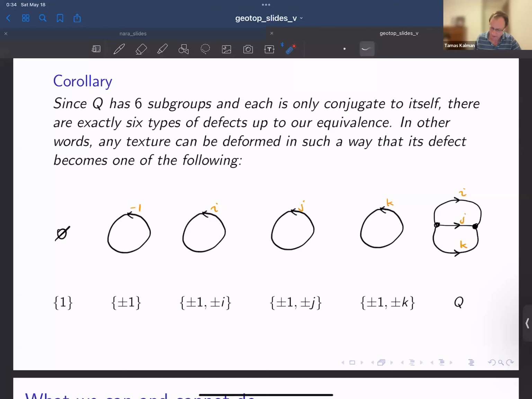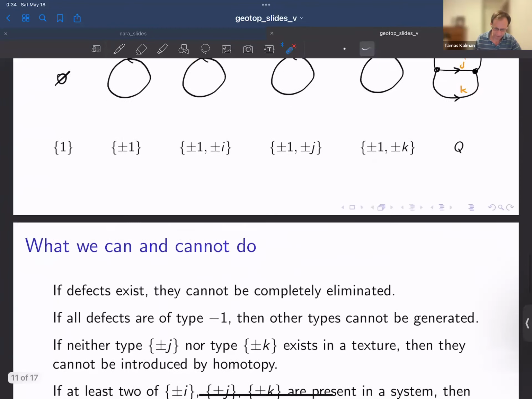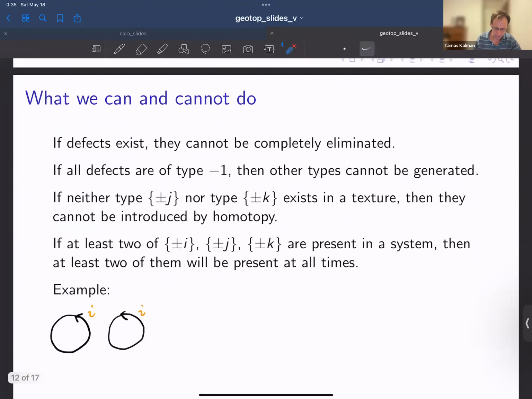All these things that I've drawn here are not some sort of canonical objects. They are just examples of defect configurations that give rise to the various subgroups. So that's the kind of thing we have. For example, as a corollary of that, if defects exist at all, then you cannot get rid of them. You can't completely eliminate them because then they would stop generating some non-trivial subgroup.